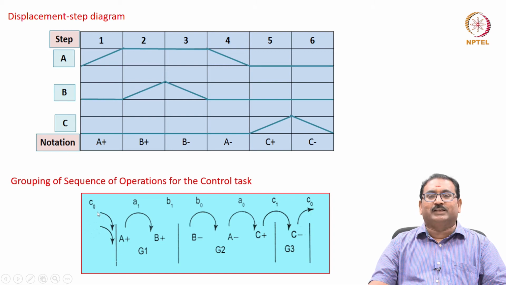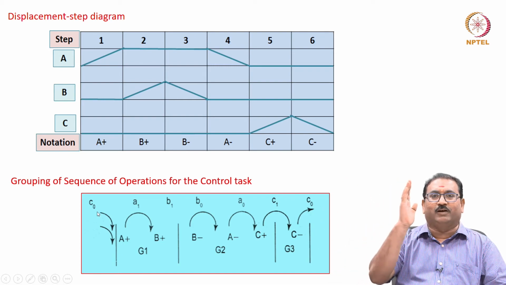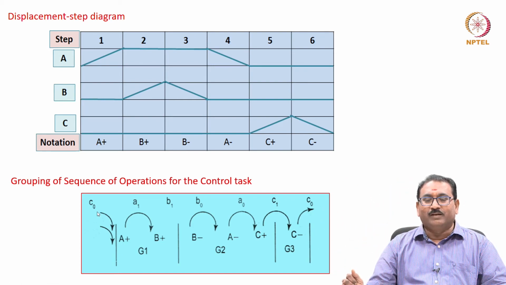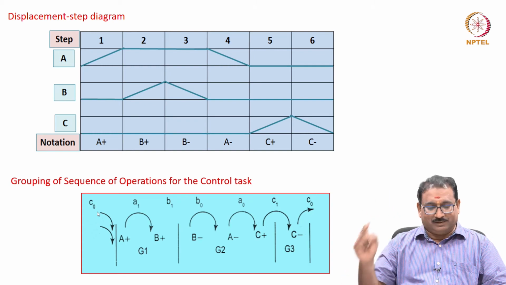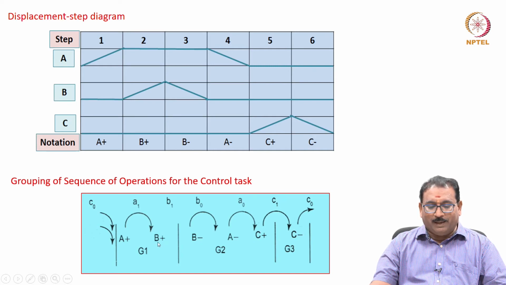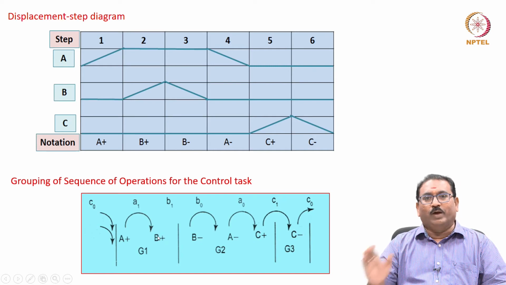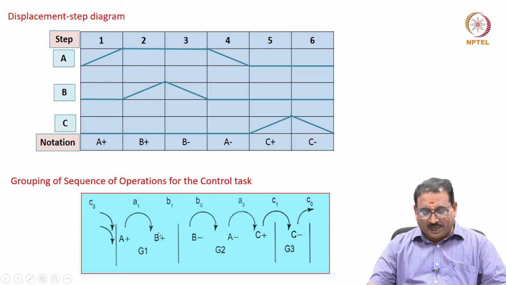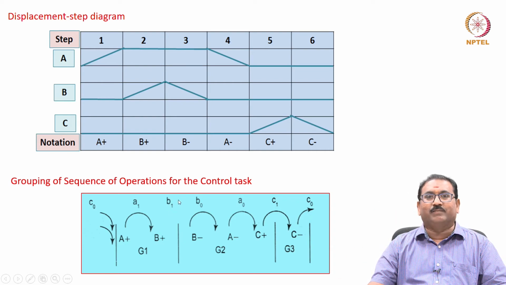Also, it will always start with all cylinders in the retracted position. Then when cylinder C0 is in the retracted position, A will start extending. When it extends, what happens? The A1 signal will be generated, which makes the B plus action happen. When B plus takes place, it actuates the B1 signal, which makes the cylinder retract, B minus.